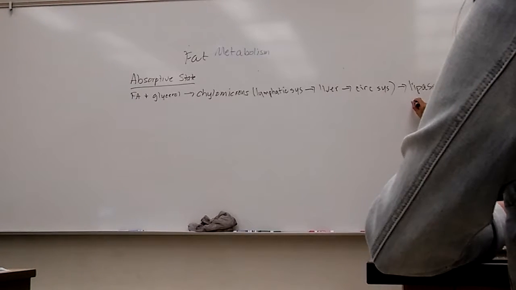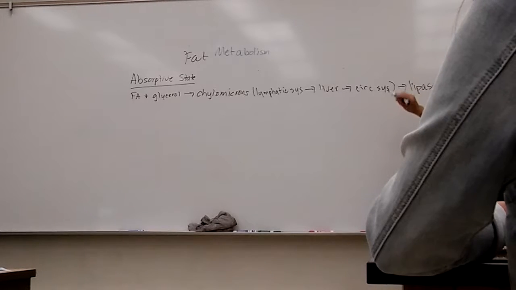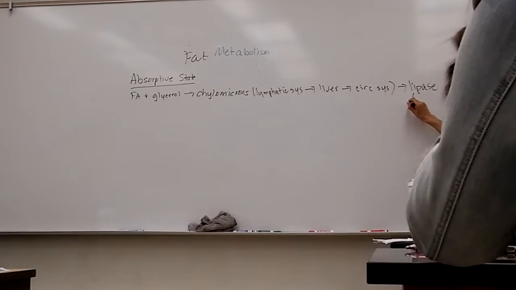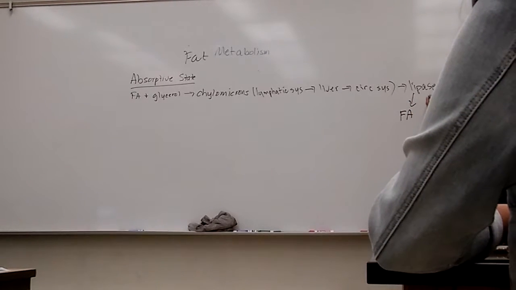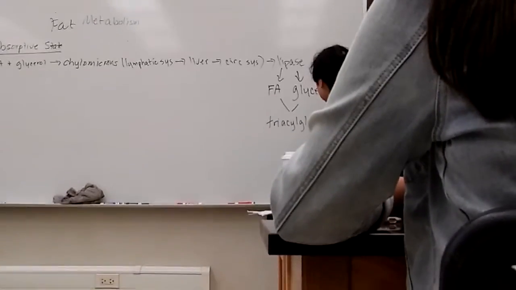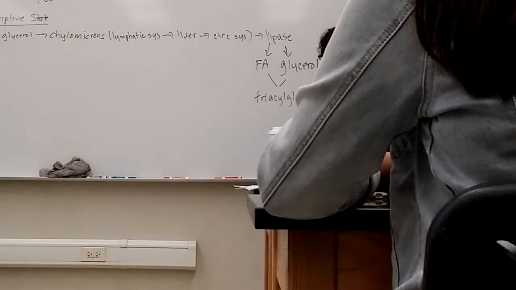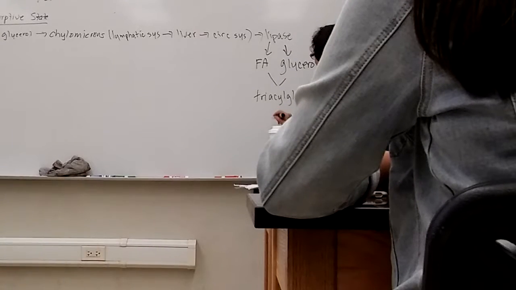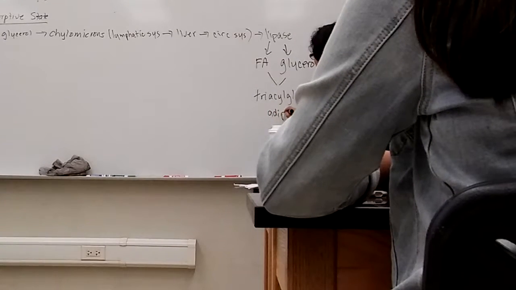These lipases will break these chylomicrons down, eventually the triglycerides down into the fatty acids and your glycerol. So these come back again in the adipocytes to form your triacylglycerols. It's going to be in your fat cells.